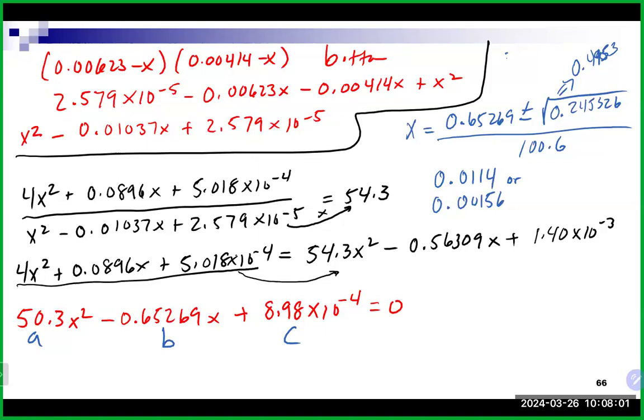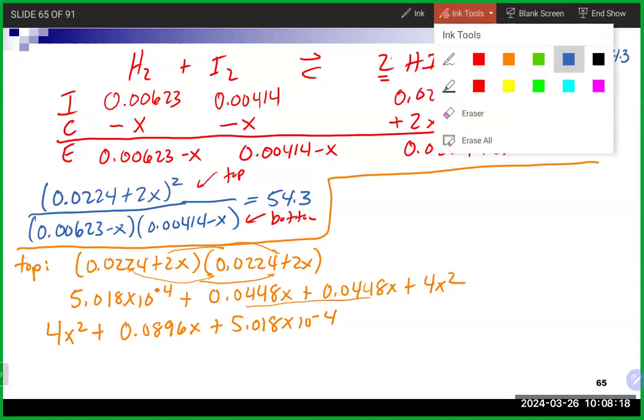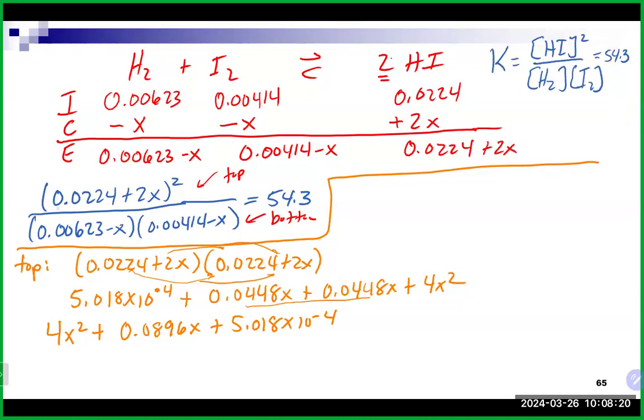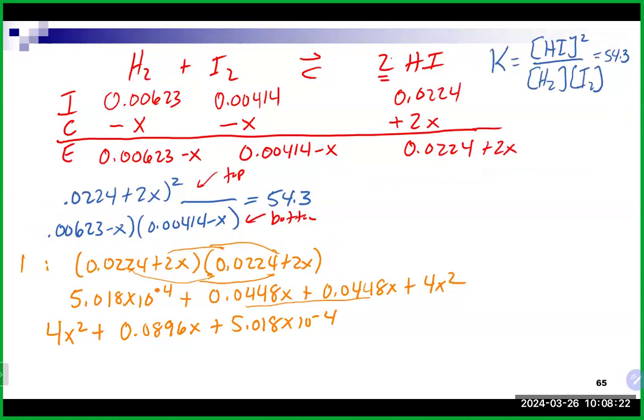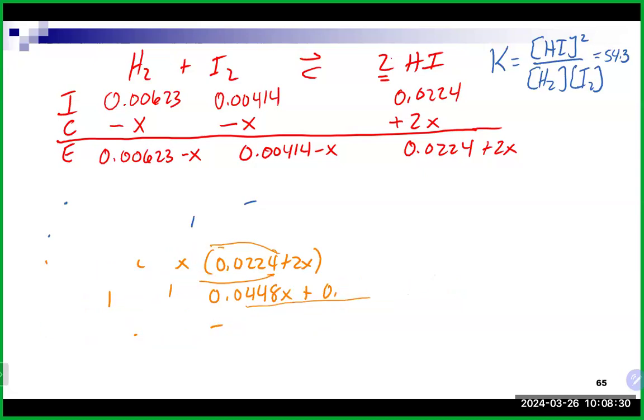All right, so we have our two values here. We need to check which one will be good. So I'm going to go back to our ice table. And frankly, I'm just going to steal some of this here so I don't have to rewrite everything. So we'll do all this and hope everything was good. All right, so going back to our ice table with our 2 x values that we got.